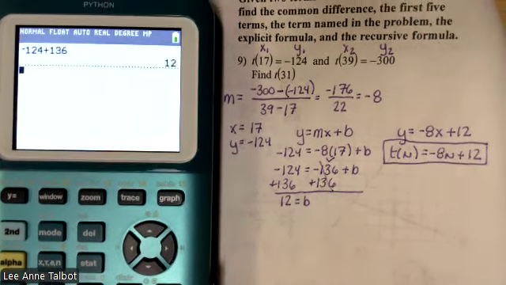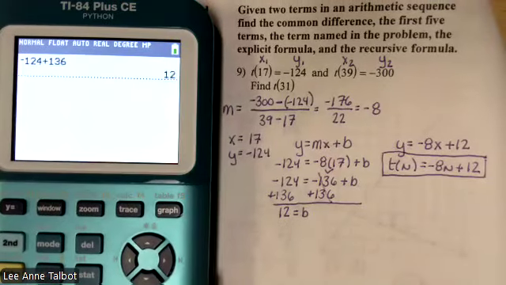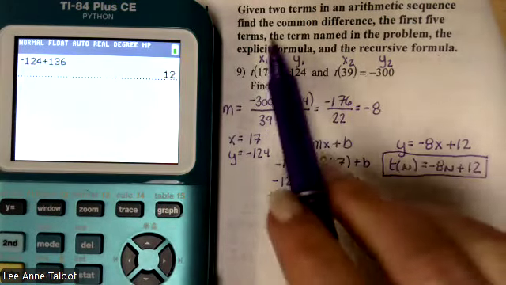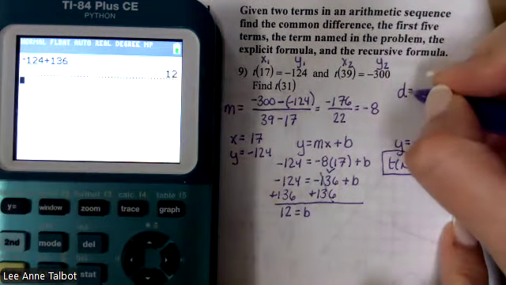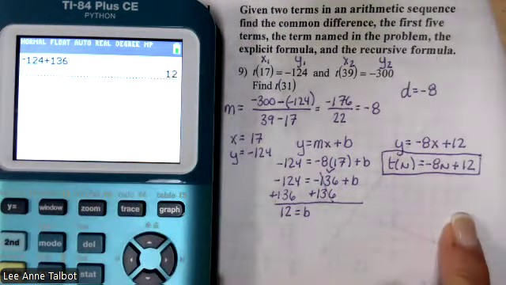Okay, let's see, go back to the directions. I got a lot of stuff here. Given two terms of an arithmetic sequence, find the common difference. Okay, I found that. It's the same thing as the slope.